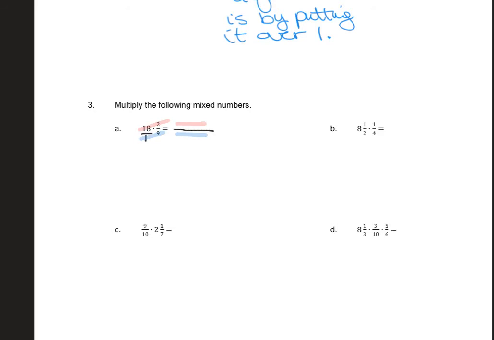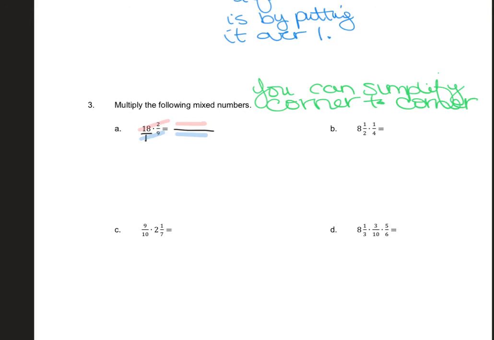The trick is if you can simplify corner to corner beforehand, you can simplify corner to corner before multiplying straight across.